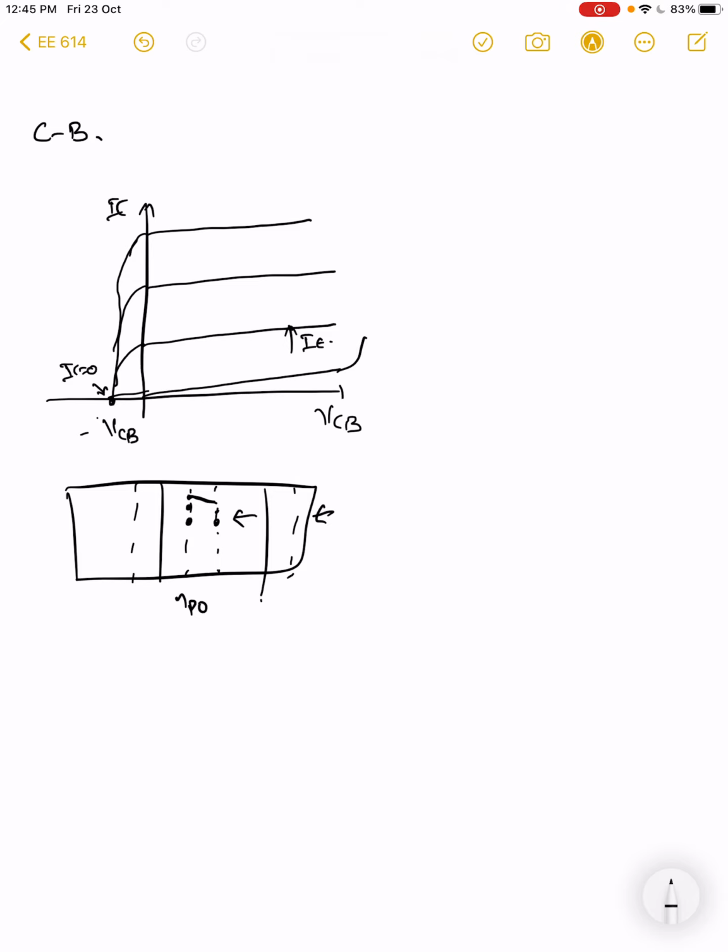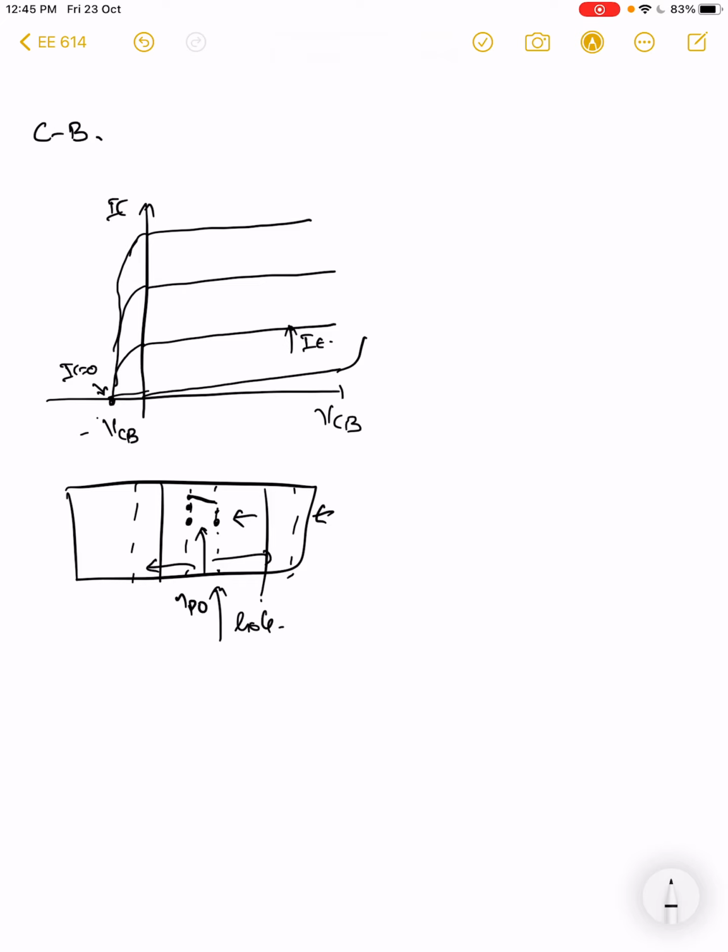The actual reason is you have hole injection from the base side, right? Because when you are forward biasing the collector base junction, you are injecting holes from this side, and the holes do not contribute to recombination here, but are just swept across this junction. So you have no recombination in the base, you have much less holes moving in this side.